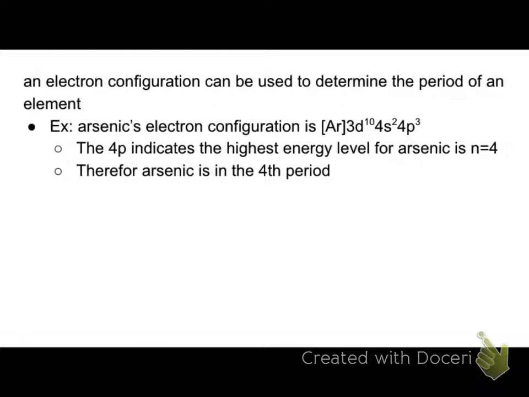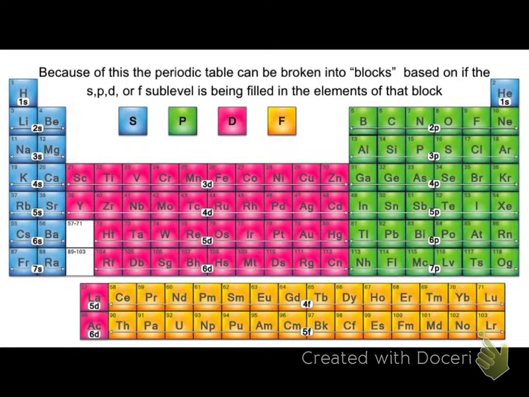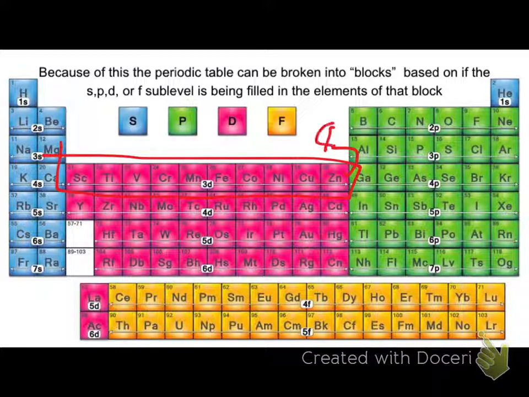The reason why, and I'll pull back to the table for this one, this row of electrons is in the fourth period, even though it's the 3d orbital, is because you have to fill the 4s first, right?